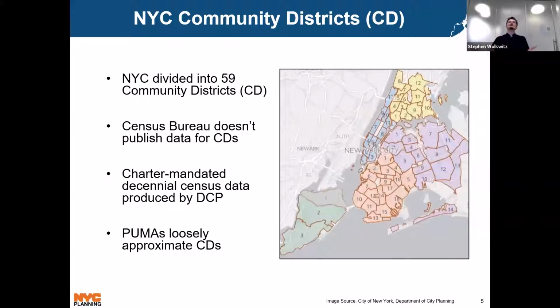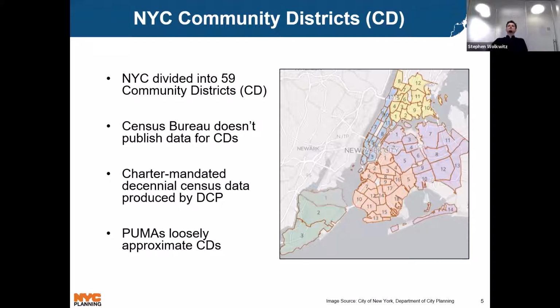So the city charter actually mandates that the once-a-decade decennial census data be produced for these community districts, and City Planning handles that. We do a special tabulation every decade. So we just got done with that for 2020, to issue the populations in the 2020 census data for community districts.